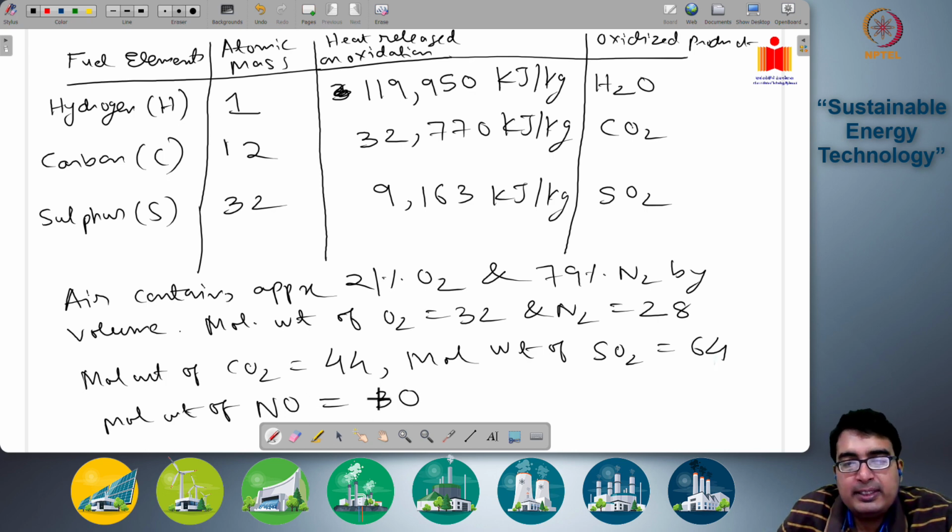So 14 plus 16, 30. CO2 is 32 plus 12, 44. SO2 is 32 plus 32, 64. So these molecular weights are also important parameters that you need to remember.